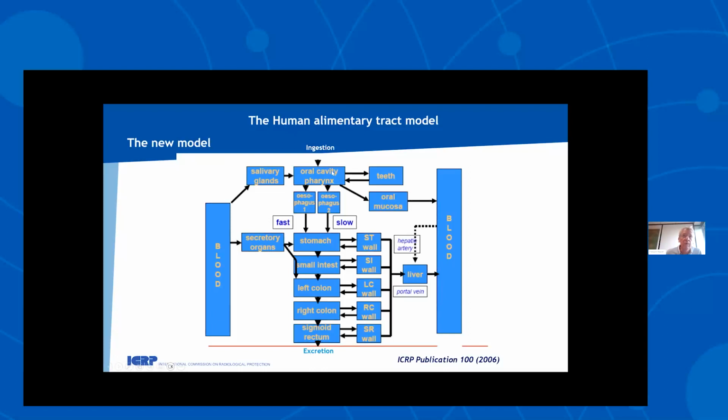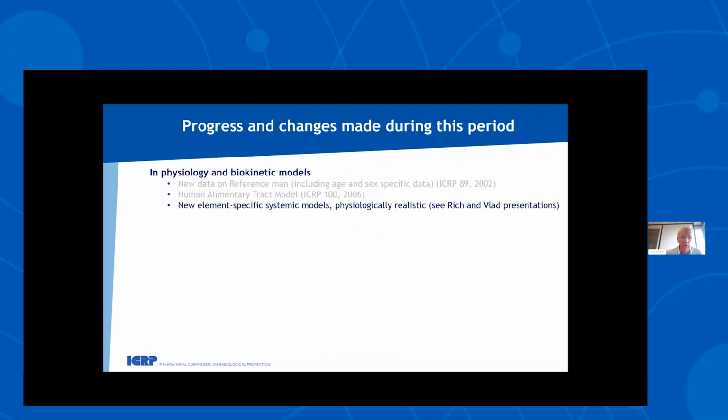We also agree that after ingestion, we can have a direct absorption through the oral mucosa to the blood. We can also have a deposition on the wall of specific organs, and we can also have a secretion of elements. So what you can see from this diagram is that this new alimentary tract model is much more realistic compared to the previous one and should be used for these calculations.